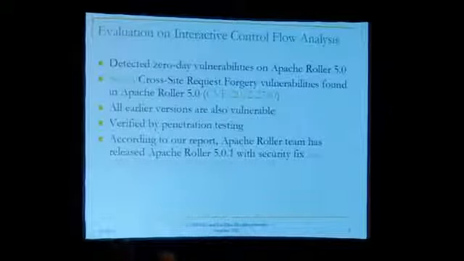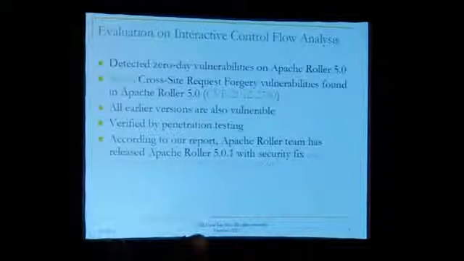And we were specifically looking for CSRF protection. So whenever Roller changes its data, its state, for example adds a blog entry, we ask, where is the CSRF protection mechanism? And sure enough, we found 7 zero days. There were 7 vulnerabilities that existed from at least Roller 3.1 to Roller 5.1, the current release.